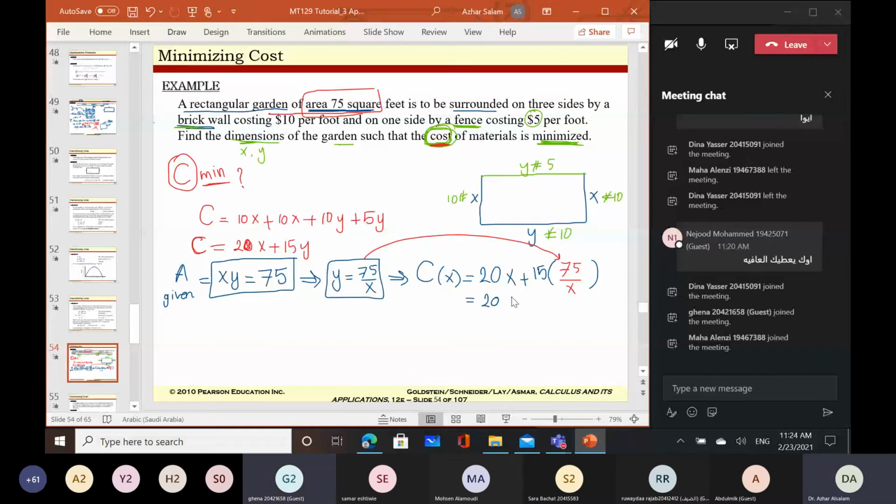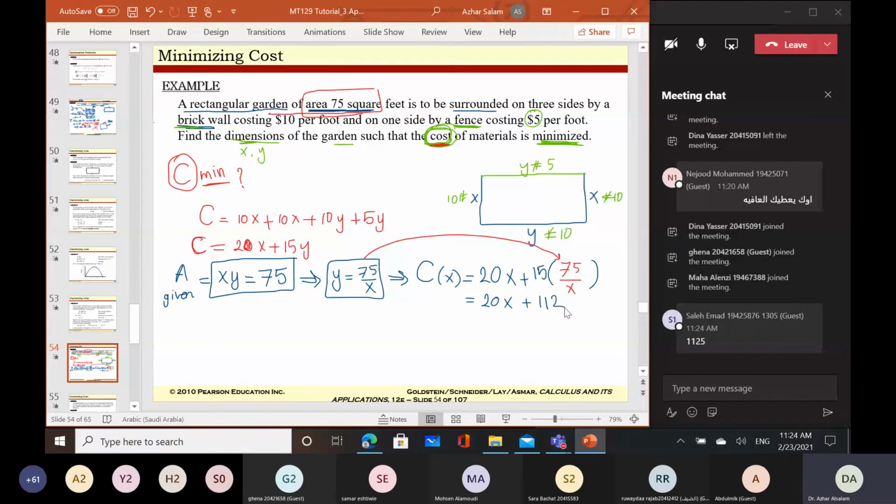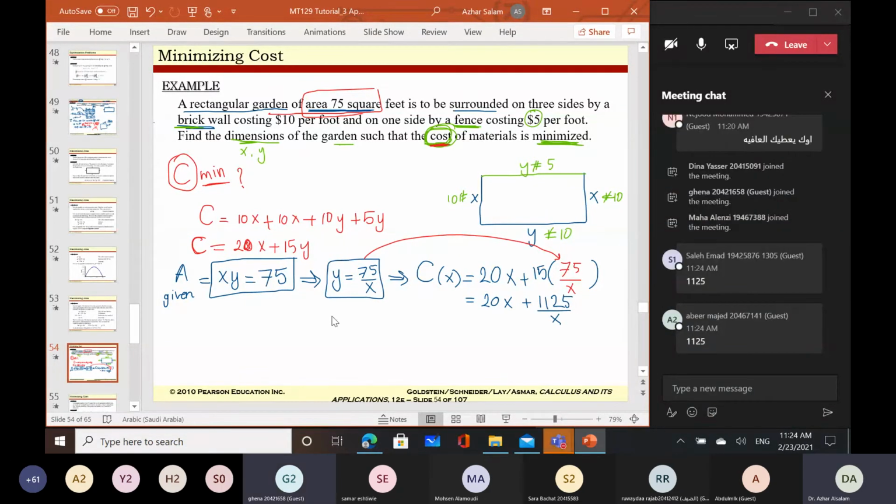It will be 20x plus 15 multiplied by 75, which is 1125, divided by x. This is my function, the cost function C in terms of x.